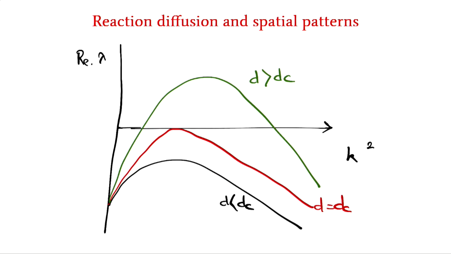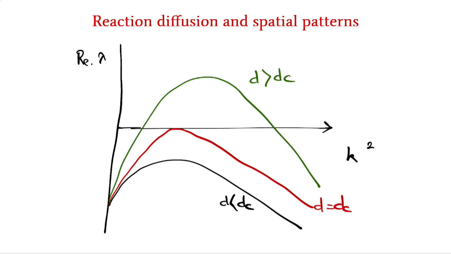Below a certain critical mismatch, DC, none of these lambdas, none of these eigenvalues, have any positive part, so all of these perturbations are going to die down. Once you hit this critical mismatch, du by dv, there is one value of the wavelength that will allow this instability to grow.